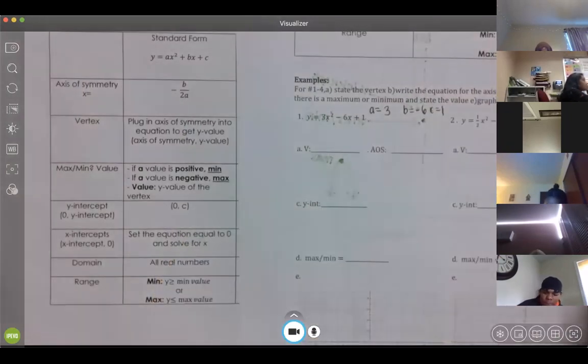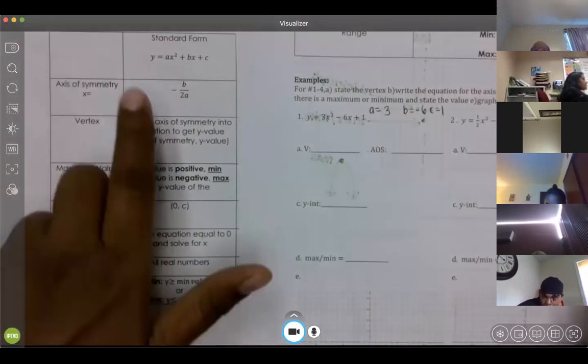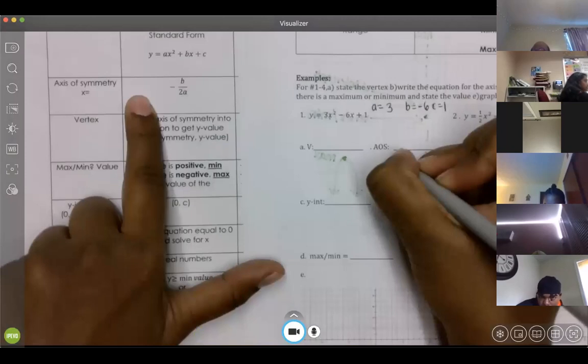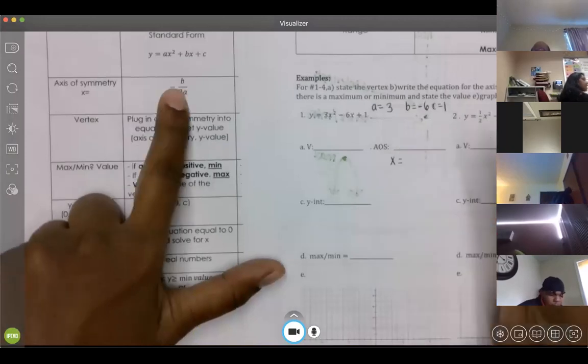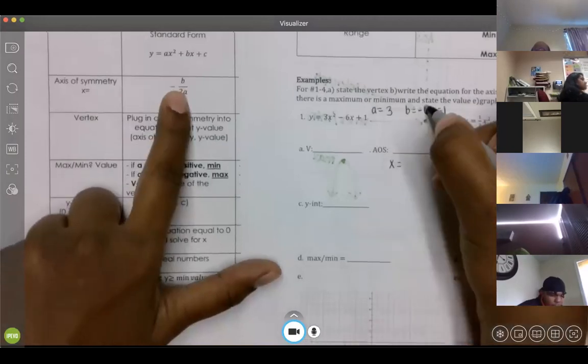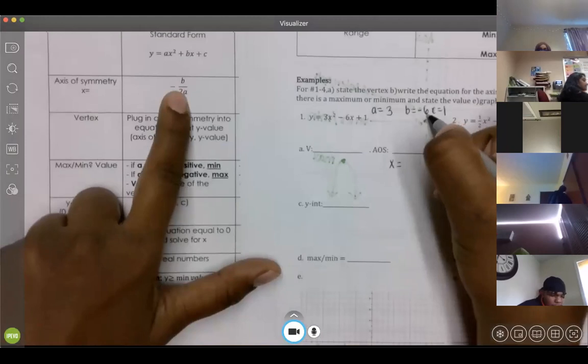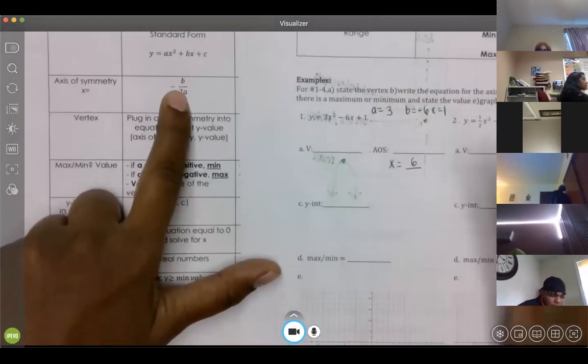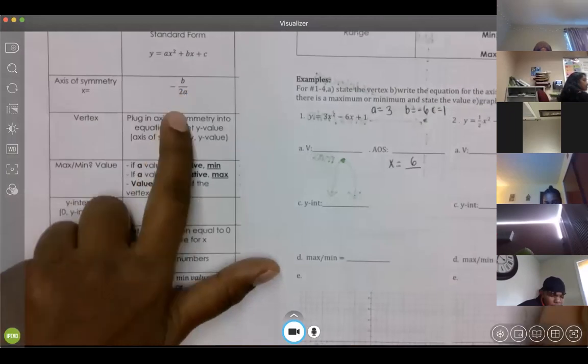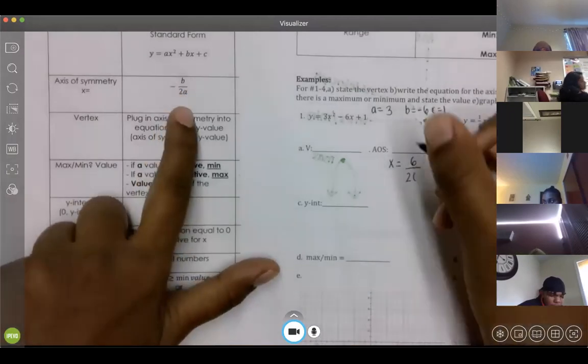Questions on how we got those values? The formula for axis of symmetry is x equals negative b, so the opposite sign of b. Since b is already negative, the opposite is positive, so you have positive 6 over 2 times a, which is 3.